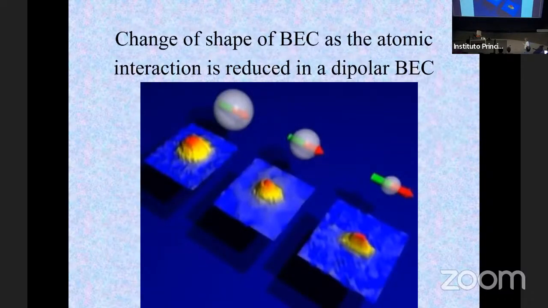You see, if you have a dipolar BEC, and if you increase the relative dipolar moment by controlling the contact interaction, there is always a repulsive contact interaction. If you reduce that, the dipole interaction increases, and then the condensate becomes elongated in the direction of the dipole moment.